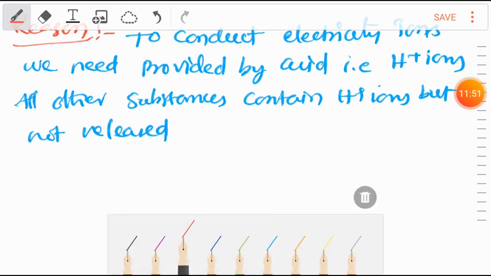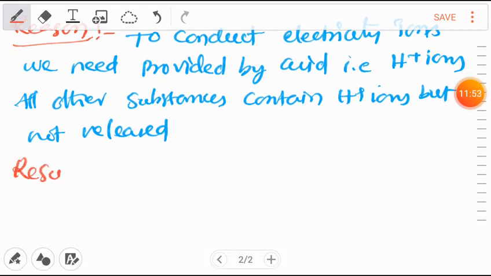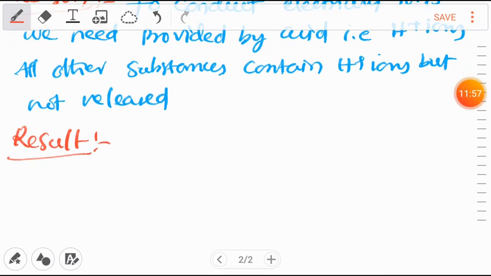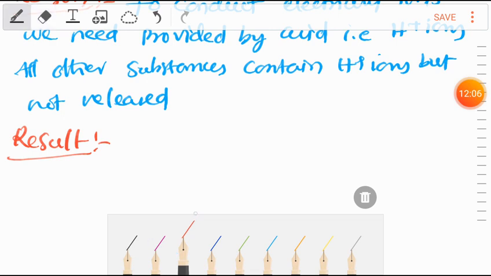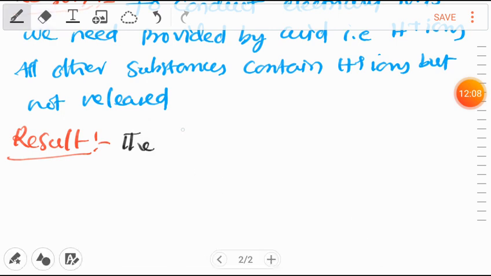So what result can we write? Result: the acid is a substance which contains H plus ions and releases H plus ions in aqueous solution, in water.